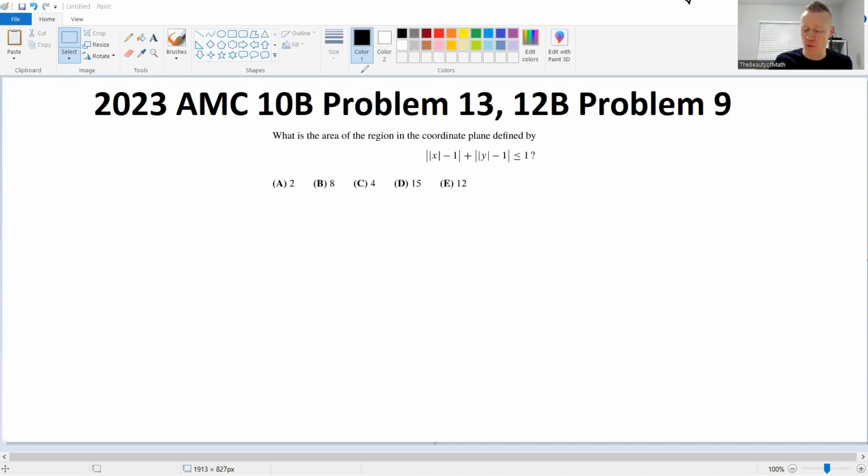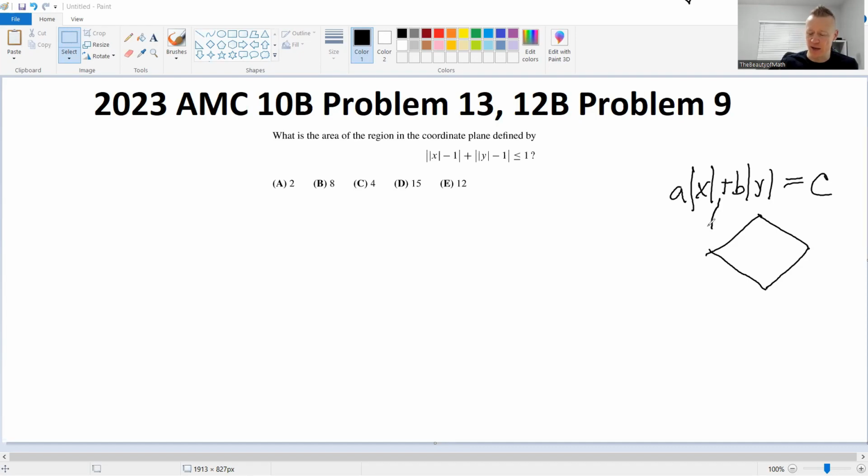For example, we might know from small notebook, you should have written down that A times the absolute value of X plus B times the absolute value of Y equals C. These are diamond graphs. It's a diamond graph. And if I make that into a negative sign, it will open it like this instead.